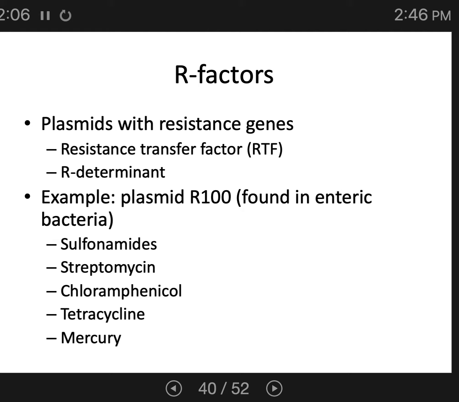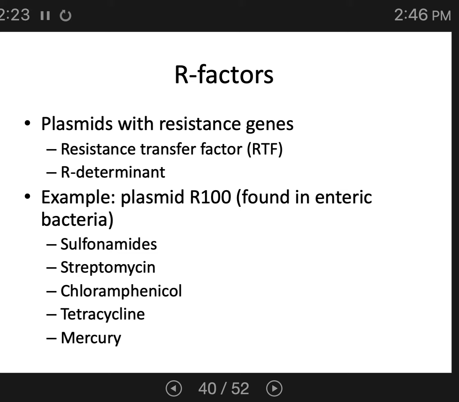So one plasmid very important to modern medicine is called R100. You find this R factor, this plasmid, in enteric bacteria. That means in gut bacteria, so in your intestines.